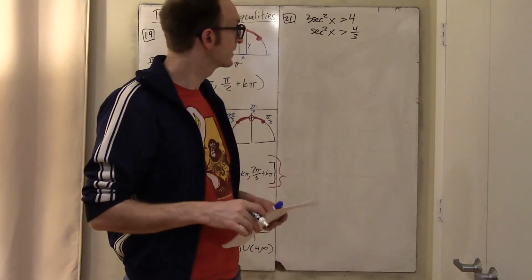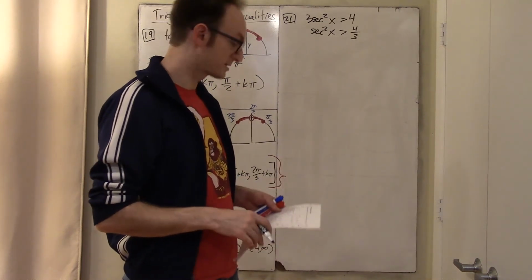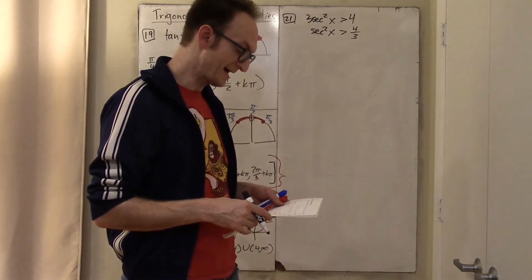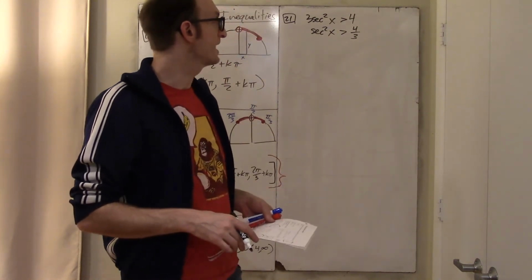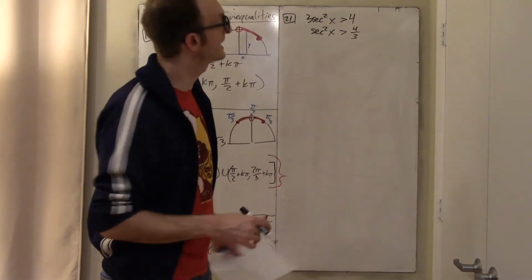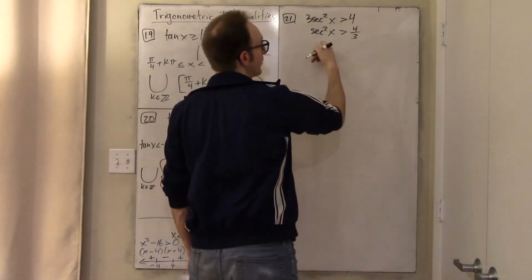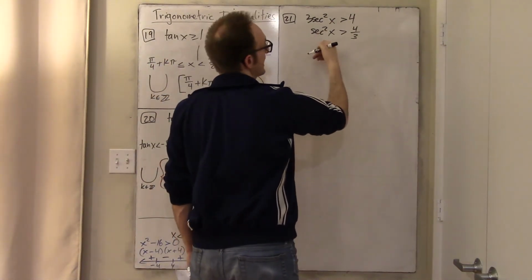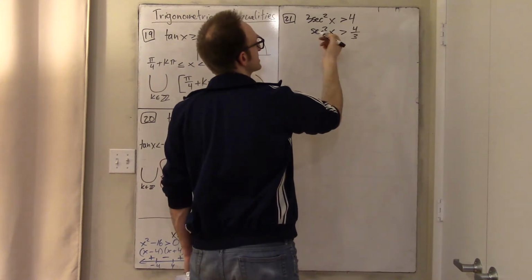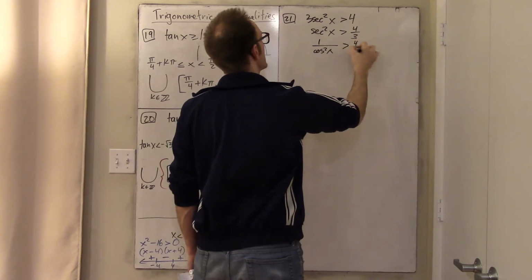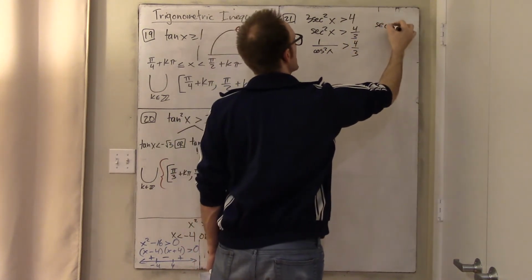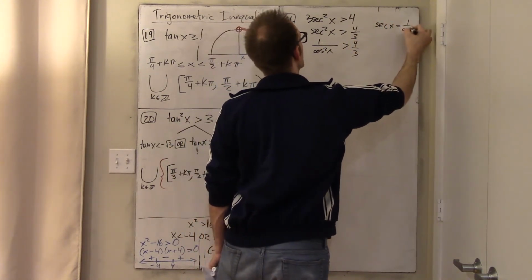So, let's just fix that whole problem by converting secant into cosine. What is secant? Secant squared is 1 over cosine squared, because secant just is 1 over cosine.